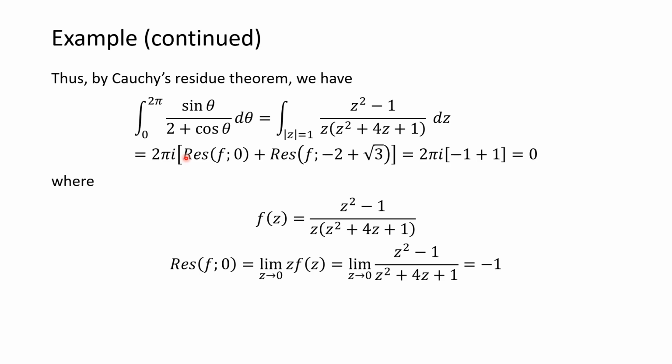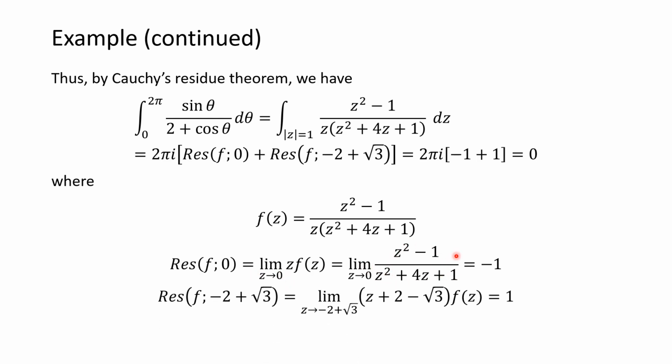So the first residue at 0, it's z times f of z, taking the limit as z approaches 0, and you plug 0 in there and you get minus 1 over plus 1. Then the residue at minus 2 plus the square root of 3, you multiply by z minus this, so z plus 2 minus the square root of 3 times f of z.